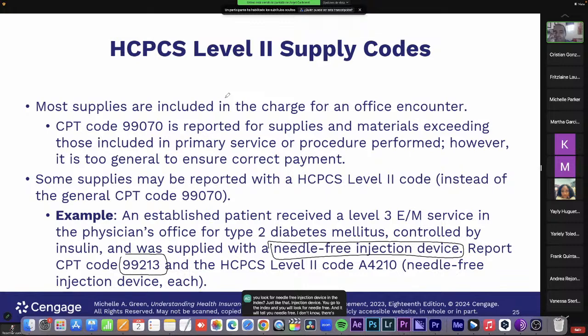I don't know if there's many other things, but needle-free injection device. Boom! It will tell you the actual code. Actually, if you see in the bottom, it's telling you what it is. So A4210 says needle-free injection device each. How many do you give the patient? One, right? A needle device. One. Okay. So A4210 for the thing and 99213 for the procedure.